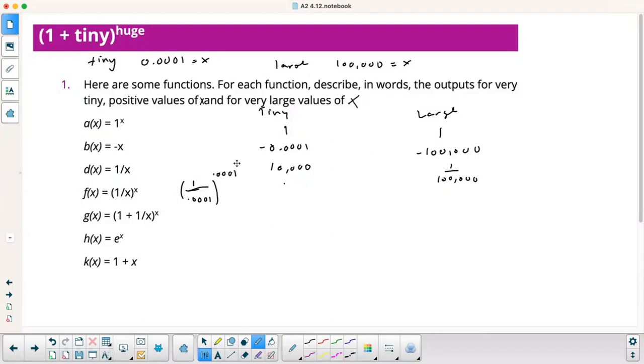So I do 1 divided by 0.0001, hit enter, and then take it to the 0.0001, and it gives me 1.00092. And then I go over here. This is 1 over 100,000 to the 100,000th.